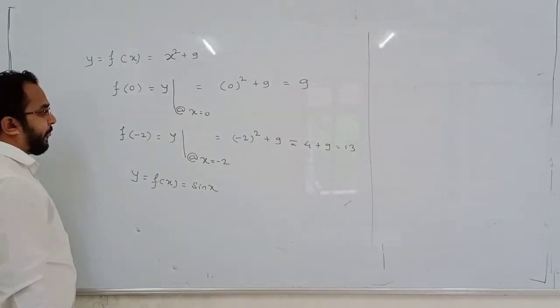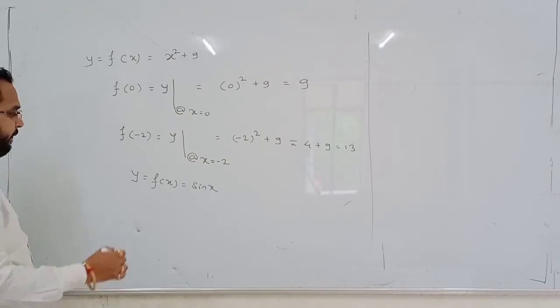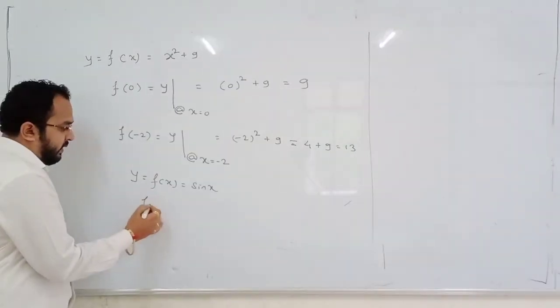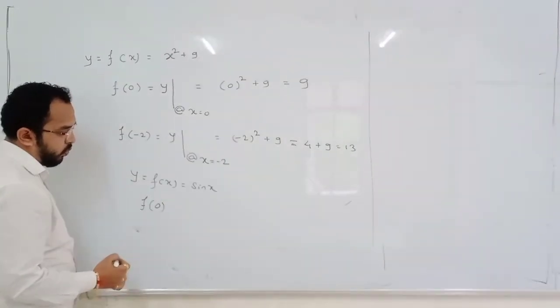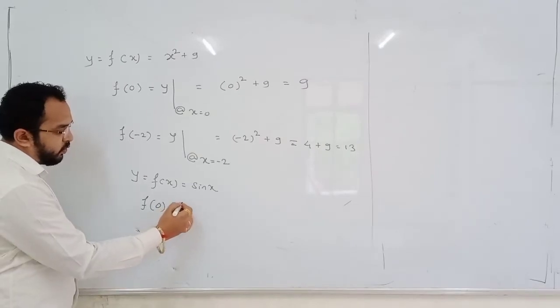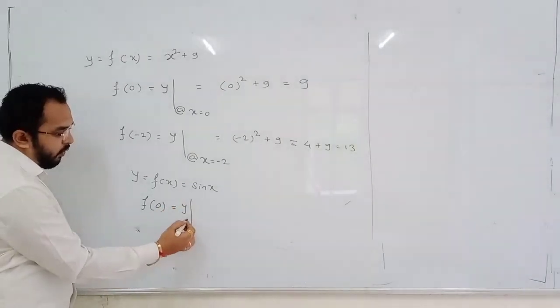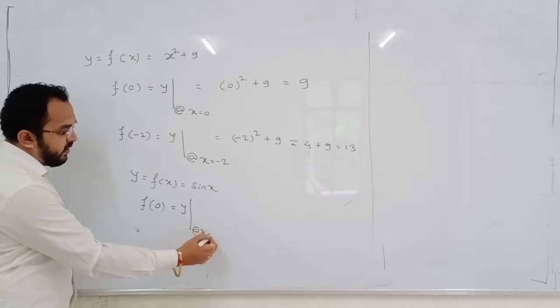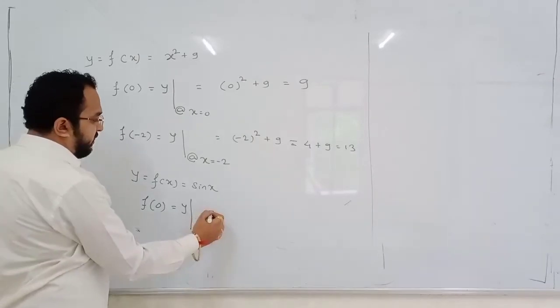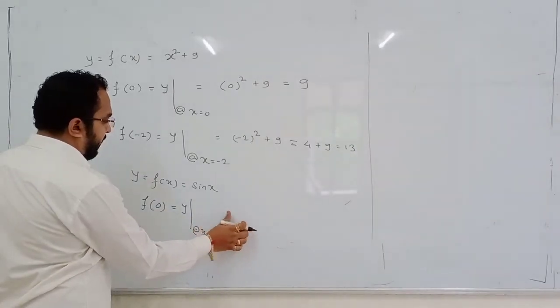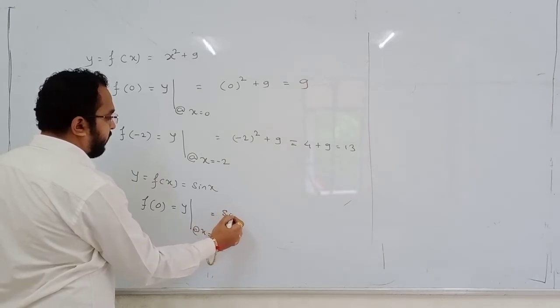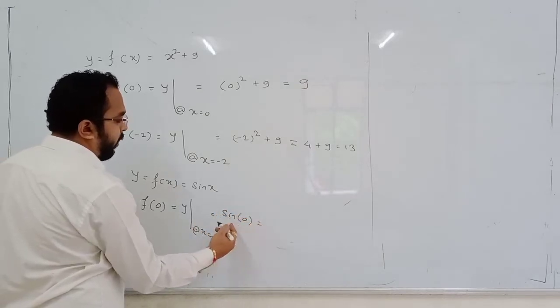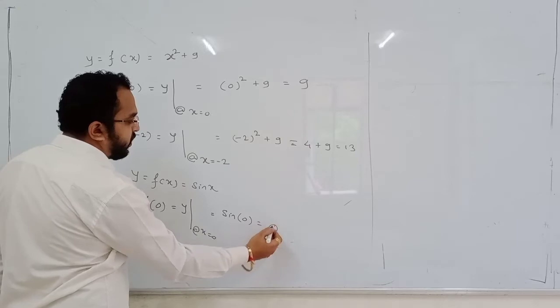Now if it is asked what is f of 0, that means the value of y at x is equal to 0. That means sine of 0. And what is sine 0? Sine 0 is 0.